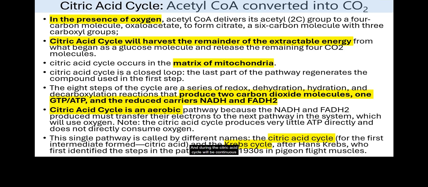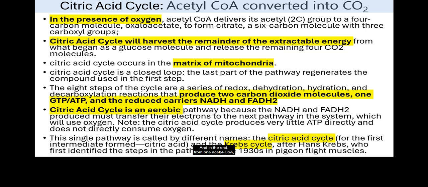During the citric acid cycle there will be continuous harvesting, collecting of energy from the remains of the glucose molecule, and in the end carbon dioxide will be released. So during the citric acid cycle, the acetyl-CoA molecule will be converted into carbon dioxide. And this cycle happens in the matrix of the mitochondria.